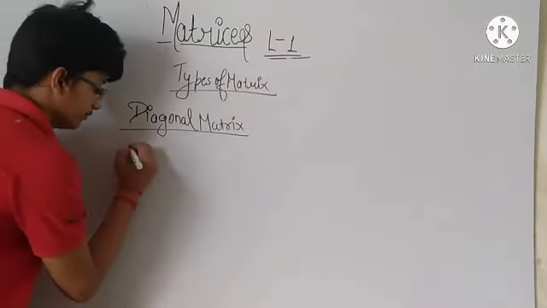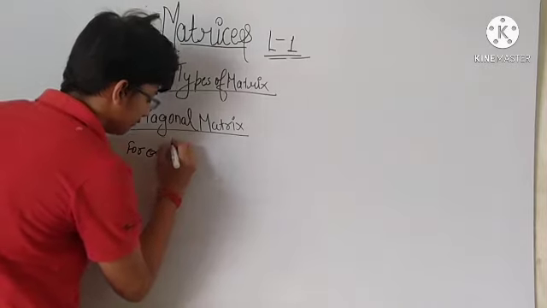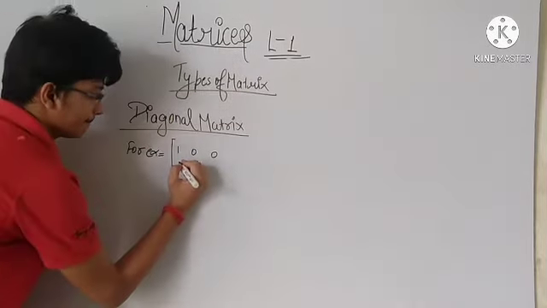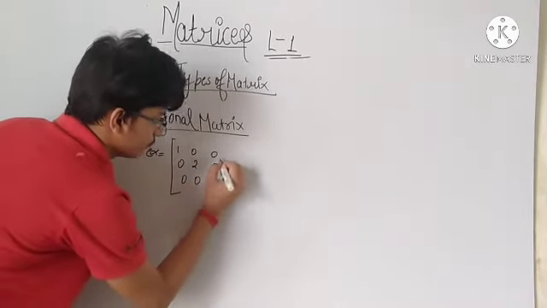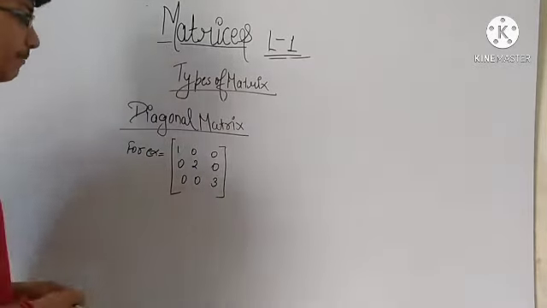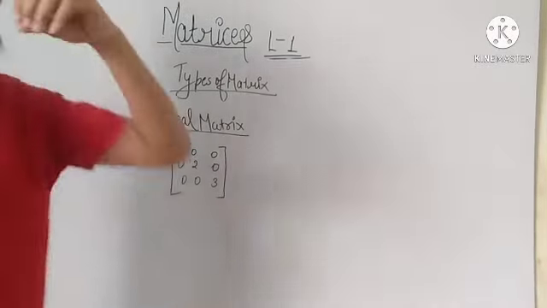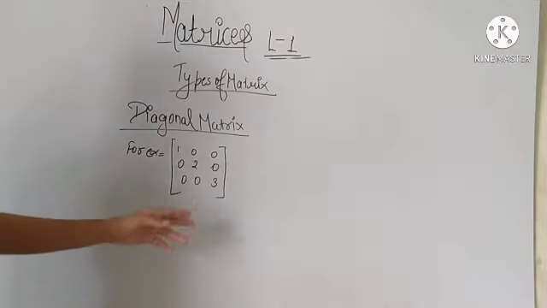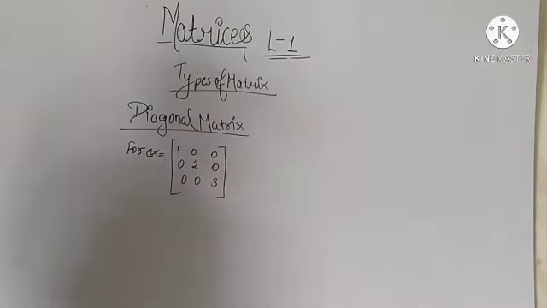For example, the main diagonal means the main diagonal can be anything. Whatever numbers the question gives, like 1, 2, 3, and the other elements are 0, it is called a diagonal matrix.